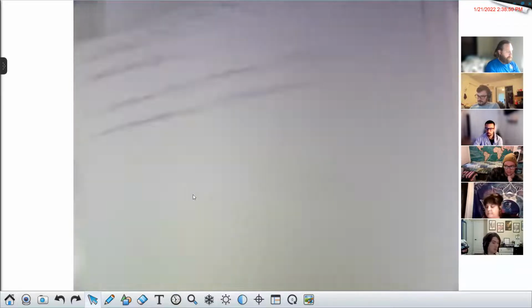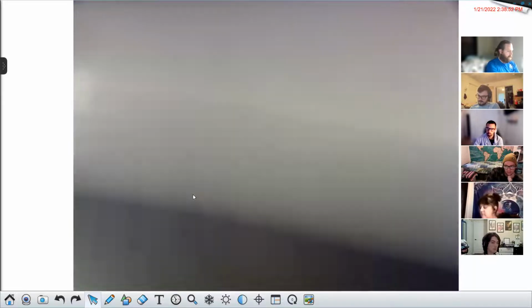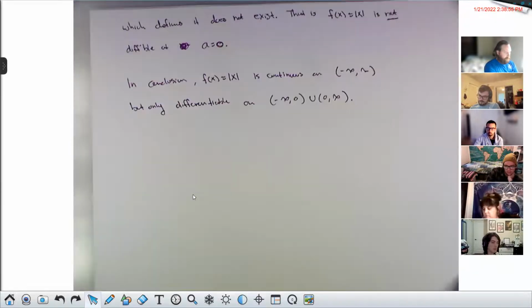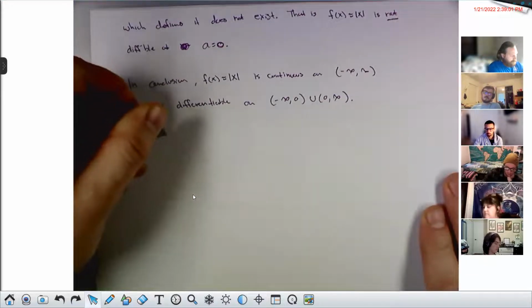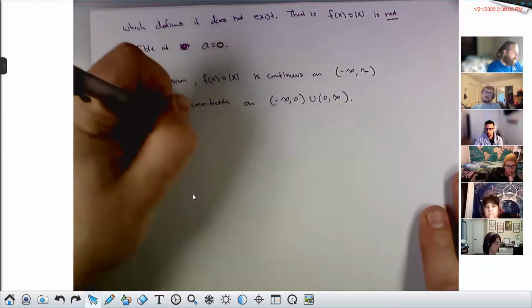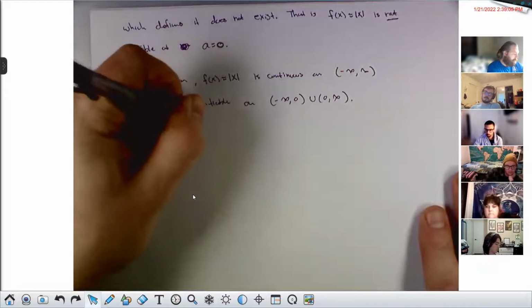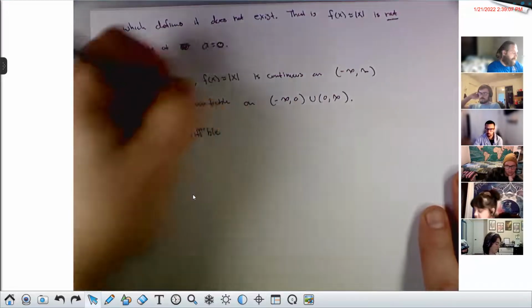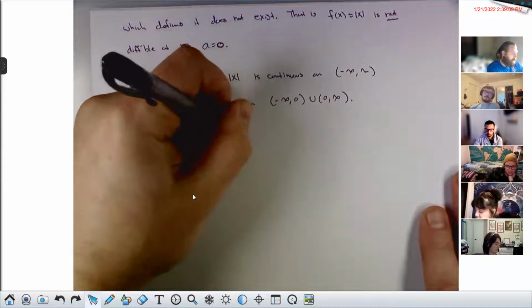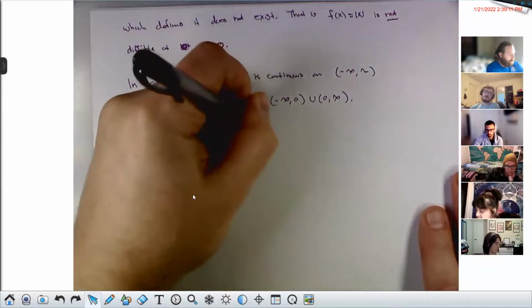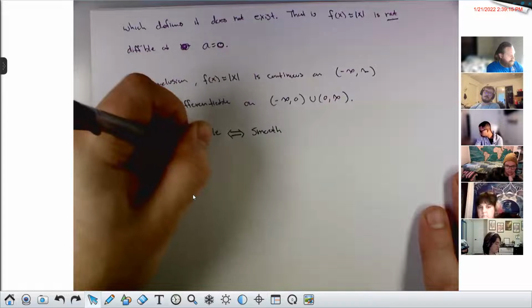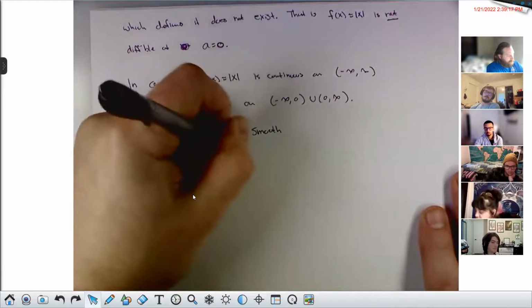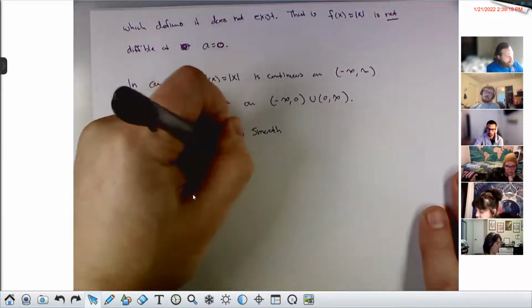Real quick, before I move away from this, I don't want to spend too much time here. Graphically, and we said this, differentiable means smooth, and continuous means connected.